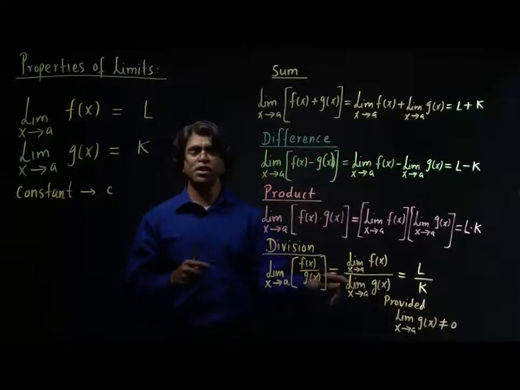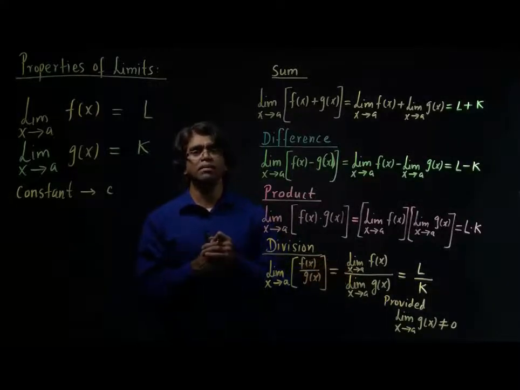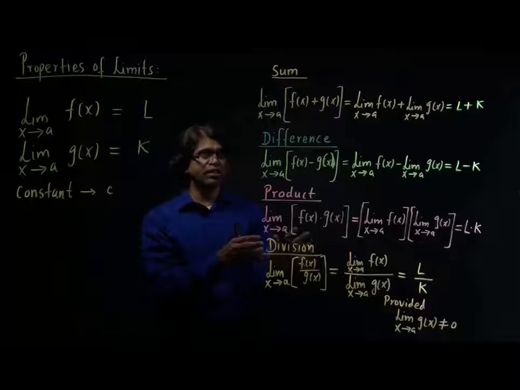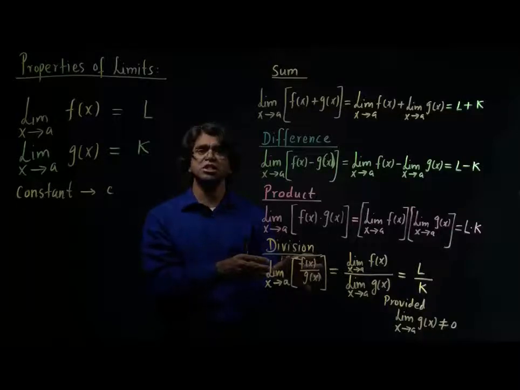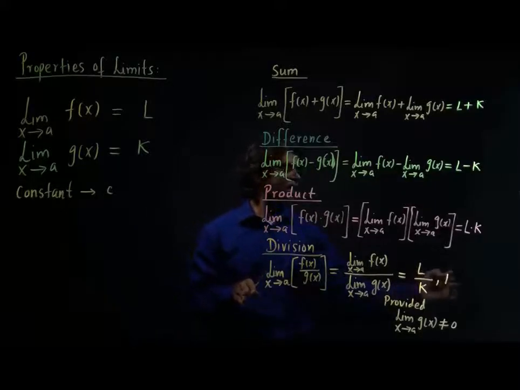Because if the denominator is equal to 0, then the limit of the given division is not defined, because something over 0 is not defined. So we can also say that k should not be equal to 0.